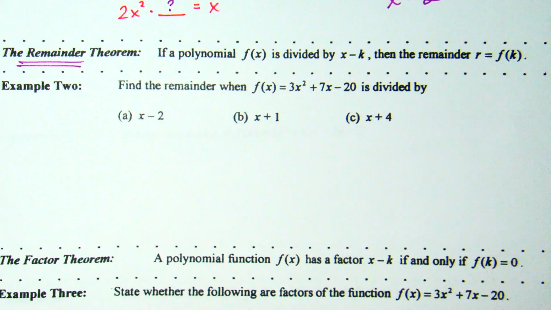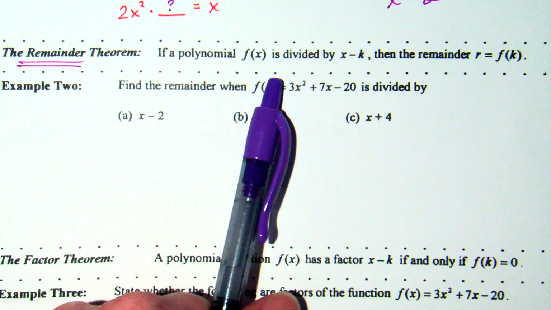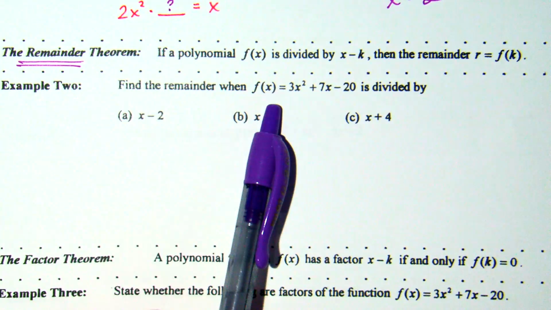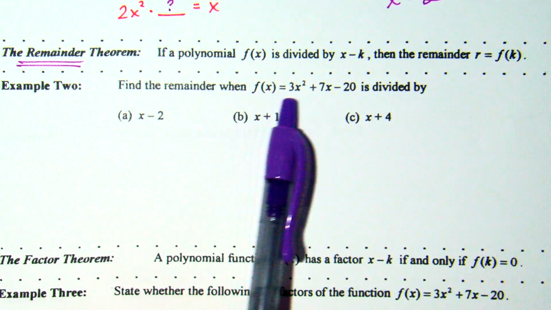The remainder theorem: if a polynomial, f of x, is divided by the factor x minus k, then the remainder is f of k. Okay, I know that doesn't sound easy, but I promise it is easy. So the idea is if you have a polynomial f of x, such as, notice we have a polynomial f of x here in example 2, correct?